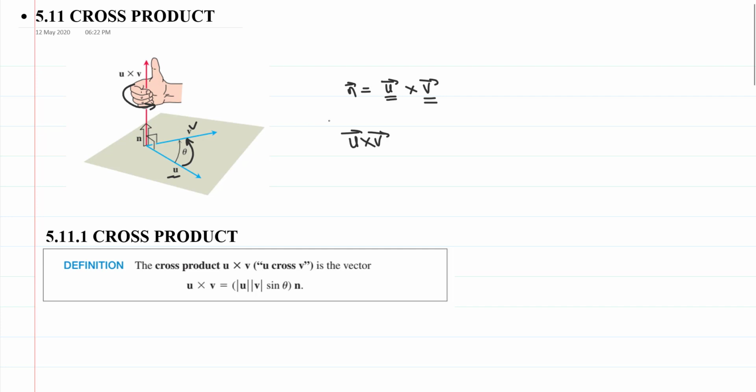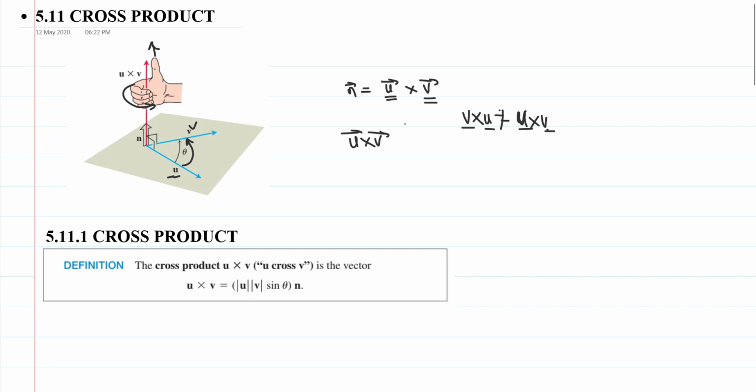So that's why it's called u cross v, and the resulting vector will be in the direction of the thumb. That will be the resultant vector n. So this should tell us that v cross u will not be equal to u cross v, basically because this time around the thumb will point downward.